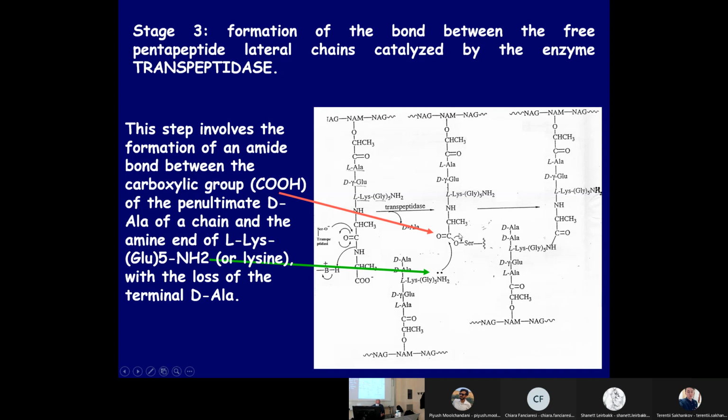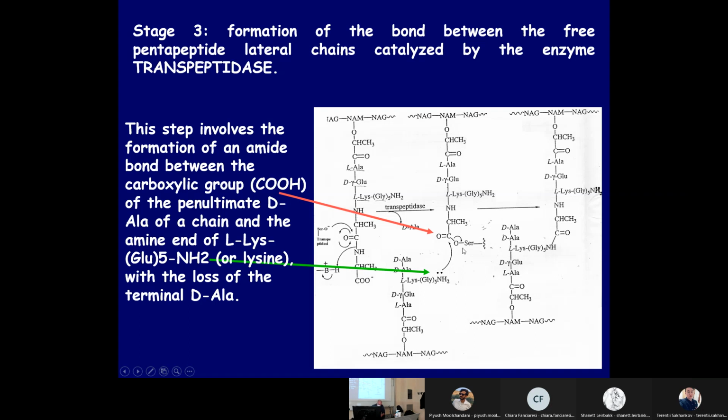You see, the diala is bound to the serine residues of transpeptidase. Now you can see we have an ester in this case. No more an amide, we have an ester.